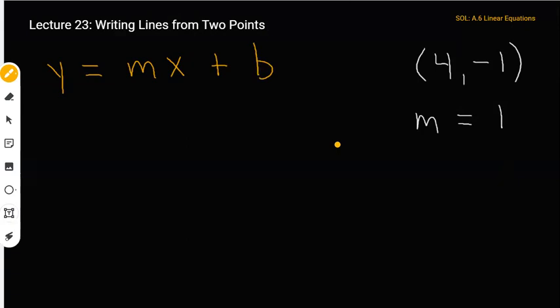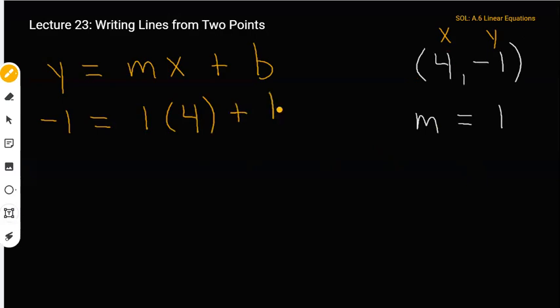So I write out the slope-intercept form, y equals mx plus b, and I start plugging in all my variables. My y value is going to be from this ordered pair right here, -1. And my x value is going to be 4. And my m is going to be 1. So plugging in all those numbers, y is -1, m is 1, and x is 4.